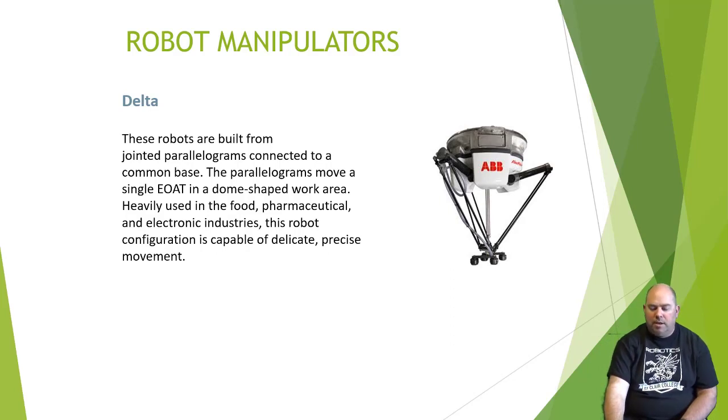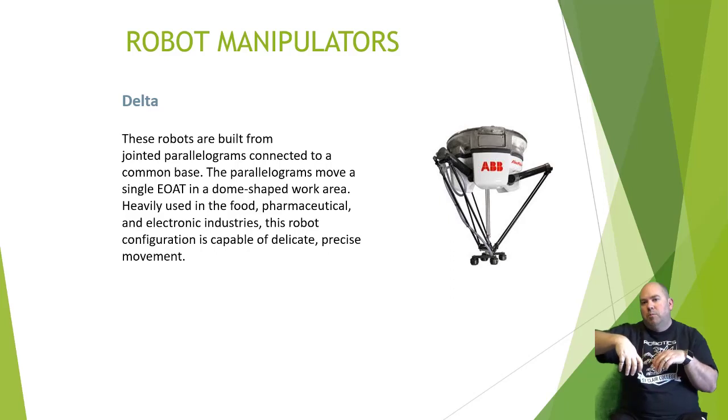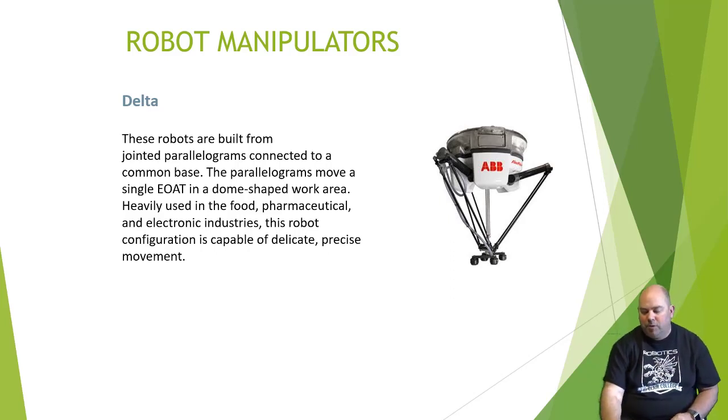And then the Delta or the spider robot, they have 3 arms that move from up above, and you'll see some videos of how these things move as well, used a lot in the packaging industry. That is the Delta robot. Okay, so we will watch some videos now from a robot trade show and see how these things get used. All right.